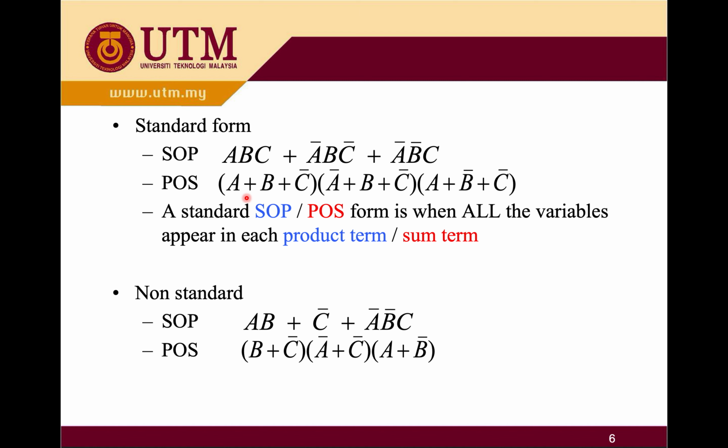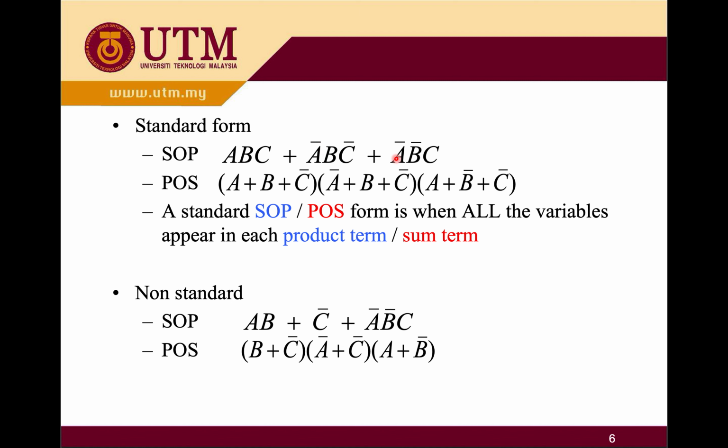How about standard? You can see, let's say over here we look into SOP, which is SOP A, B, C. There are also elements of A, B, C over here, although it has a bar, this is still an A element. The bar only represents whether it is 0 or 1.